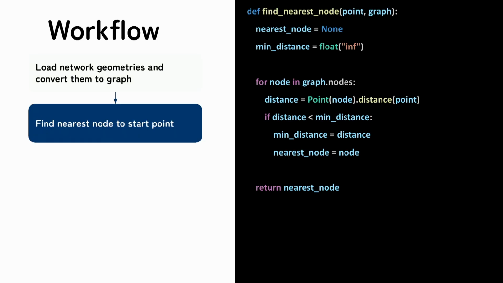Next, I need to find the nearest node in the graph to the starting point. This is important because the starting point might not exactly coincide with a node in the network. I simply iterate through all nodes, calculate the distance, and identify the closest one.